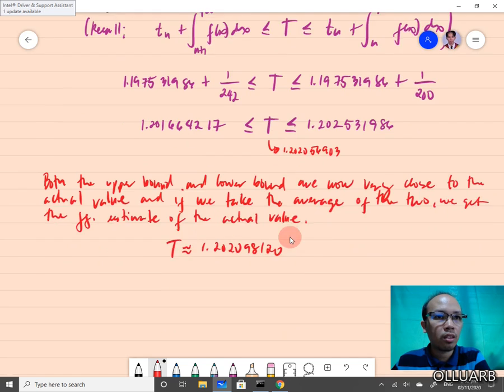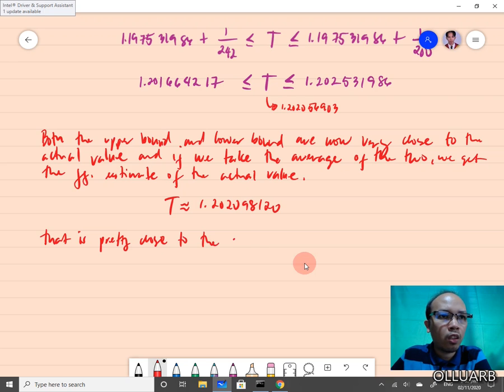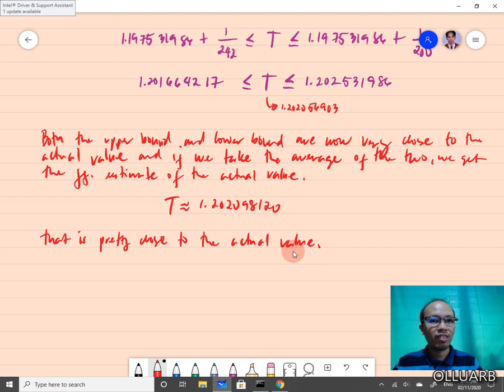Okay, so let's move up. That is pretty close to the actual value. So that's how you are going to estimate the sum of the series using the integral test.